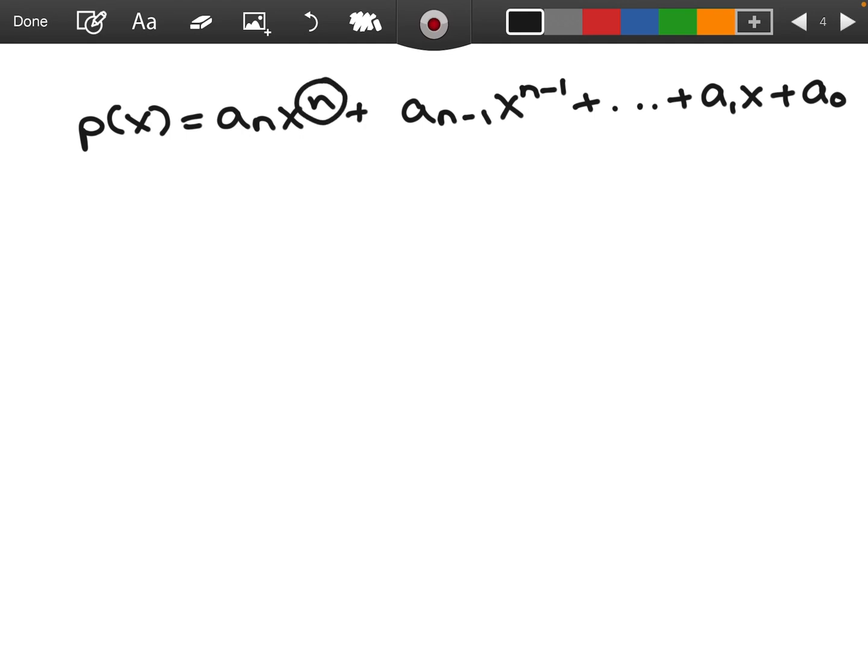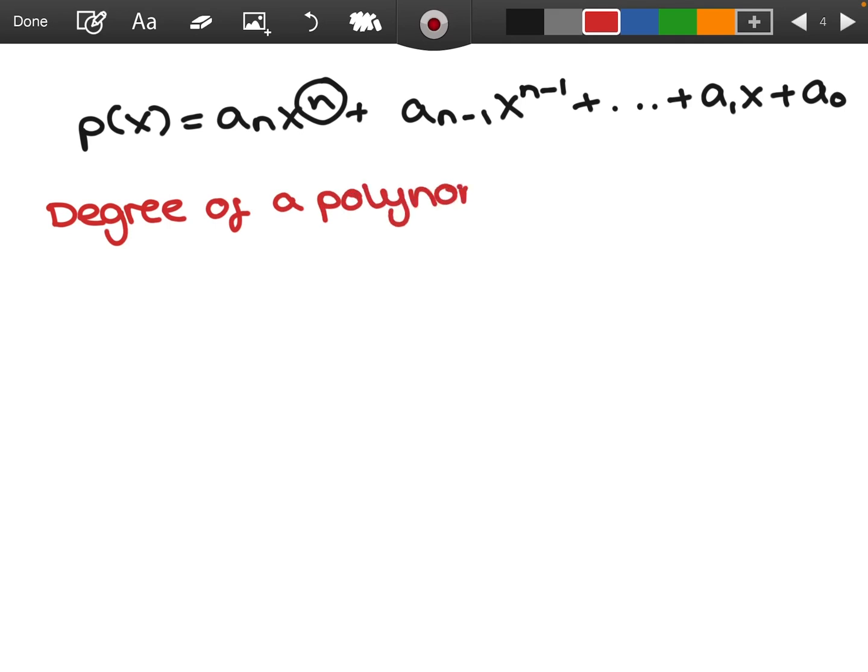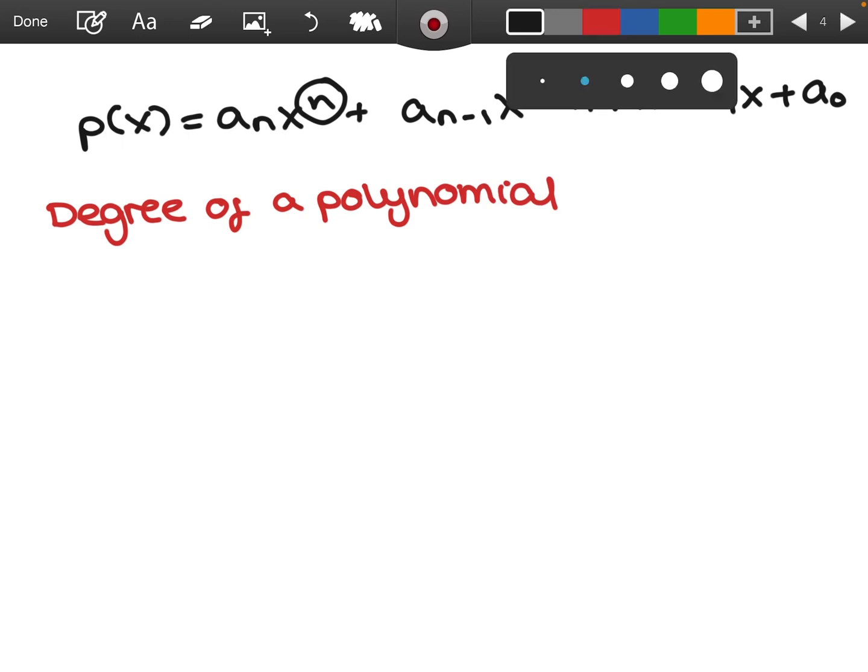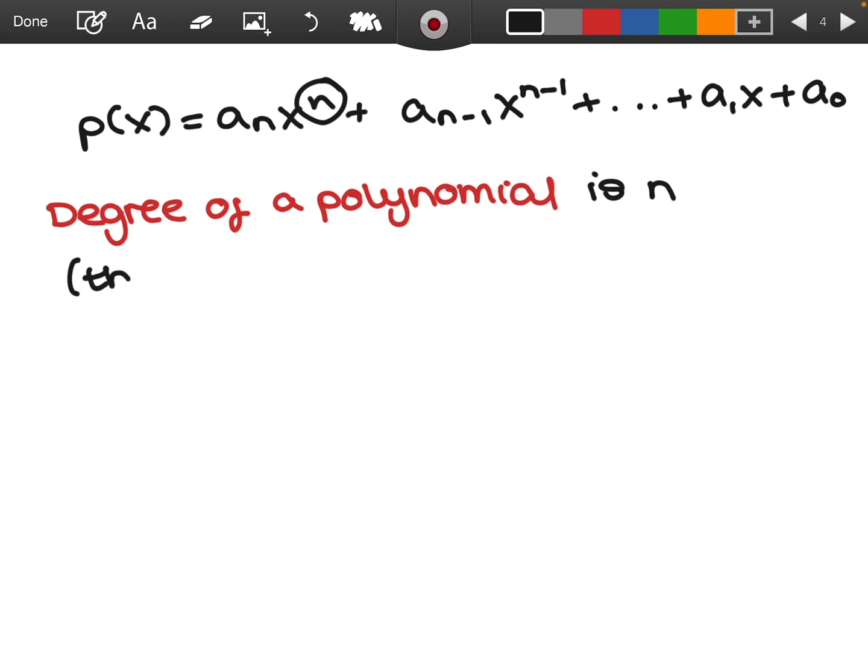The degree of a polynomial is just the number that is the highest power. So the degree of a polynomial is just the highest power. So it's n.